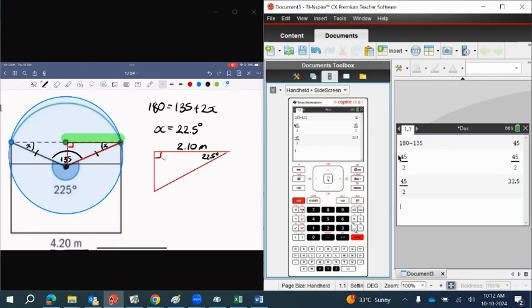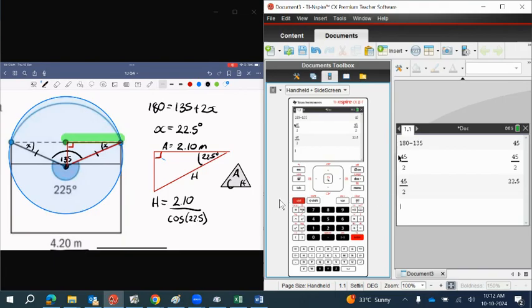So now we can use SOHCAHTOA. This is the adjacent, this is the hypotenuse, and then we have the angle. So we're going to use CAH from SOHCAHTOA to find that one. We're after the hypotenuse, so the hypotenuse is going to be equal to the adjacent, 210, divided by the cosine of 22.5.